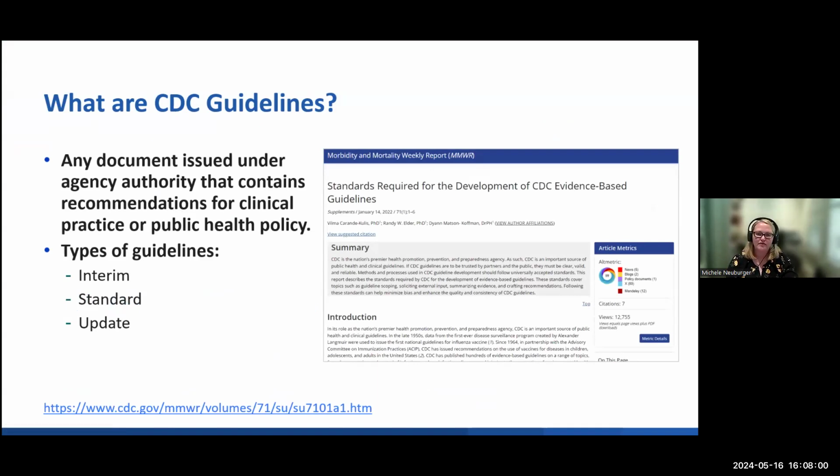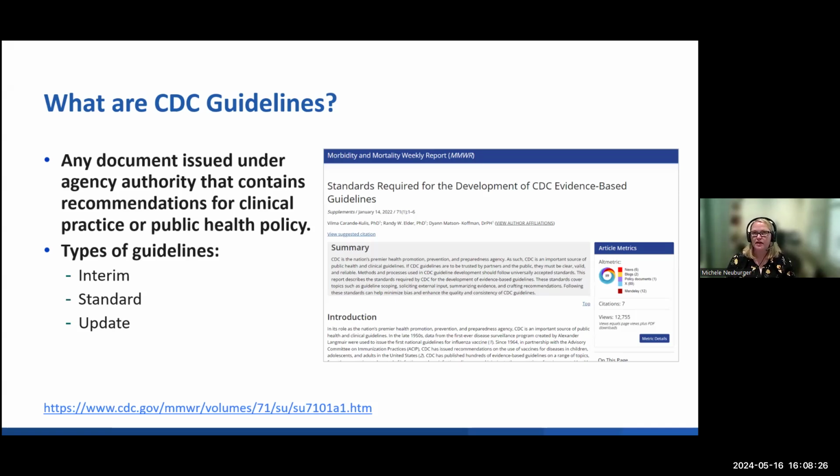A few years ago, they published an MMWR article on standards required for the development of CDC evidence-based guidelines. This was actually to help with a lot of questions, especially during the COVID pandemic, when guidelines or guidance documents were being created and changed as new evidence became available.